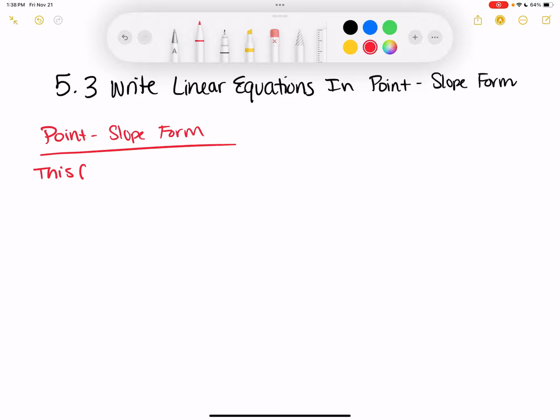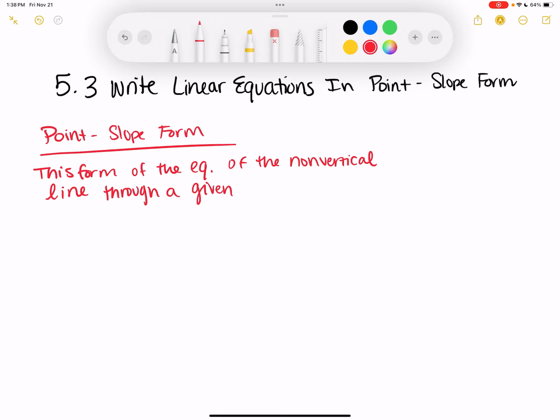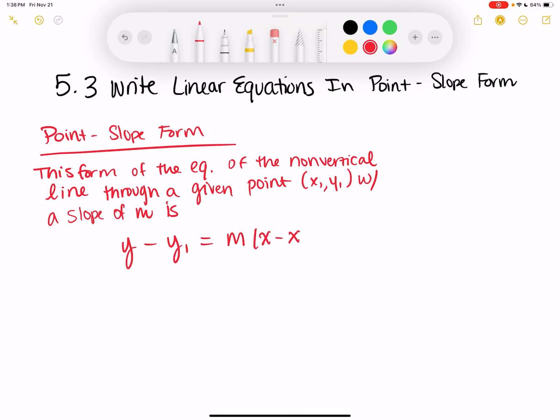Point slope form. This form of the equation of the non-vertical line through a given point (x1, y1) with a slope of m is y minus y1 equals m times x minus x1.